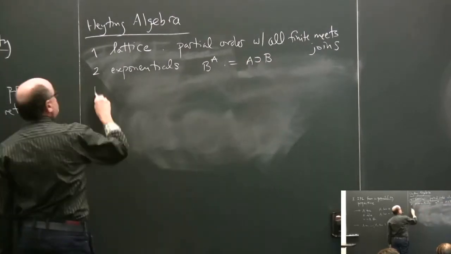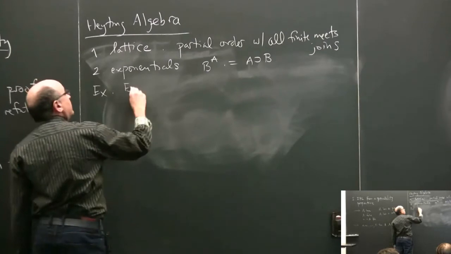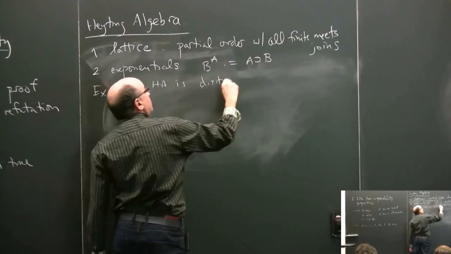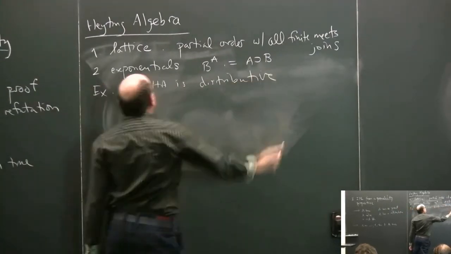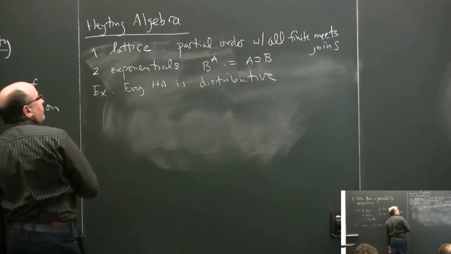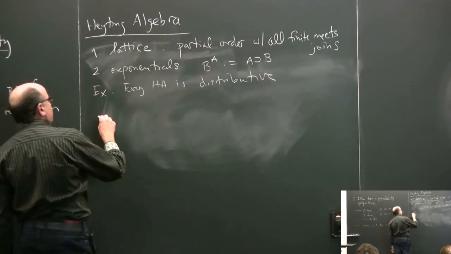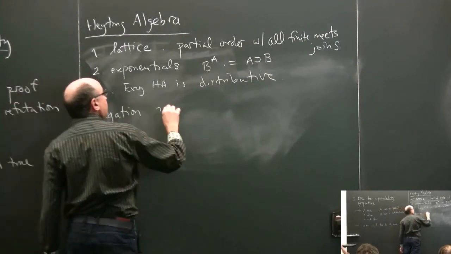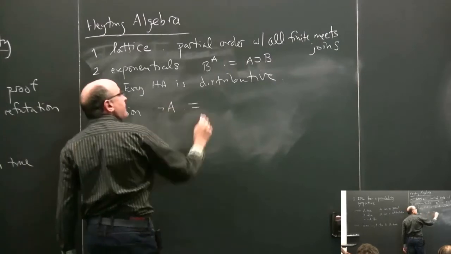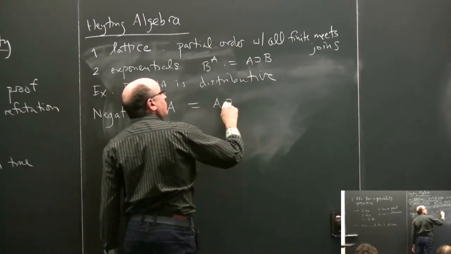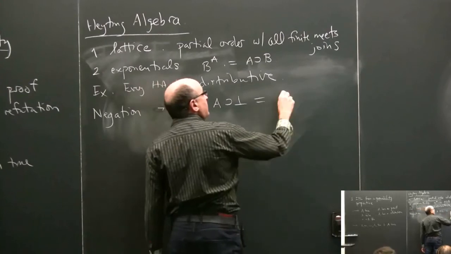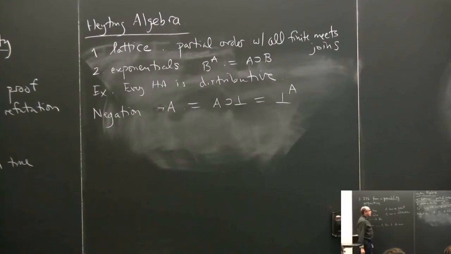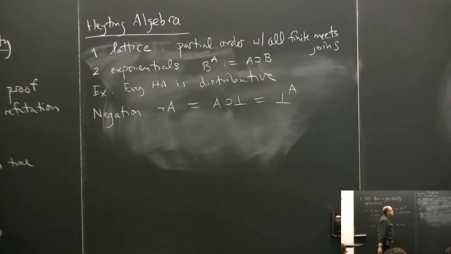Then I asked you to do as an exercise that every Heyting algebra is distributive. Then we enriched that further, and we defined a negation. We defined the negation of A to be A implies false, which could also be written as false to the A, if you use the exponential notation often used when working with these order structures.